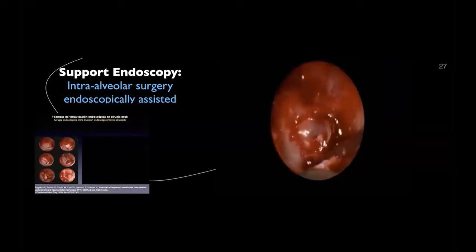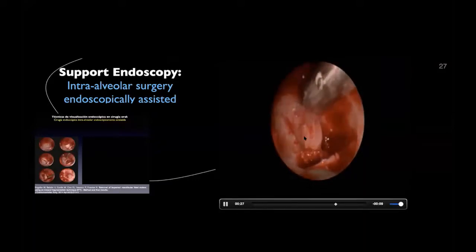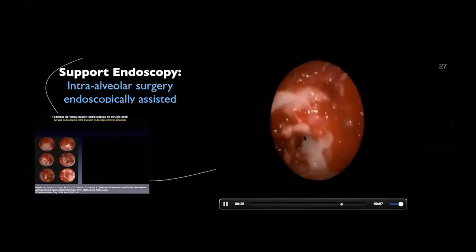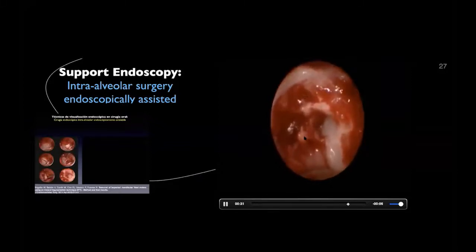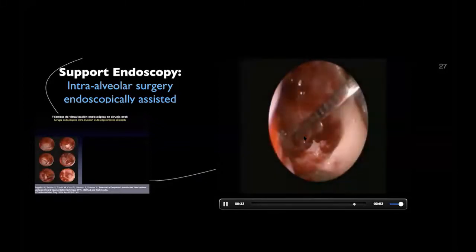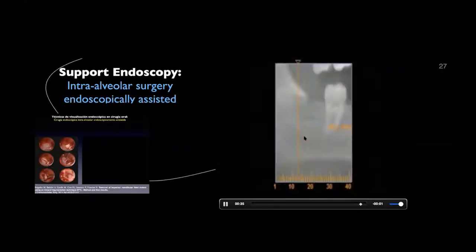And in second place, it allows us to assist the precise positioning of a specific instrument. In this case, we use a hidden beam root type elevator to remove a small apical root fragment in contact with the inferior alveolar nerve. All of this is done in a minimally invasive manner.